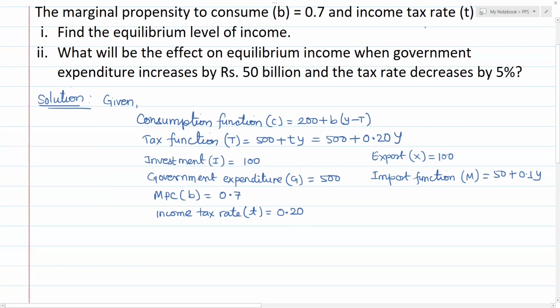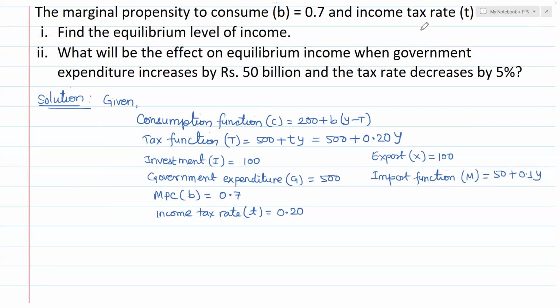This is the tax function, and then investment is given as 100, export 100, and import is given in functional form. Government expenditure is 500, and the marginal propensity to consume is 0.7.